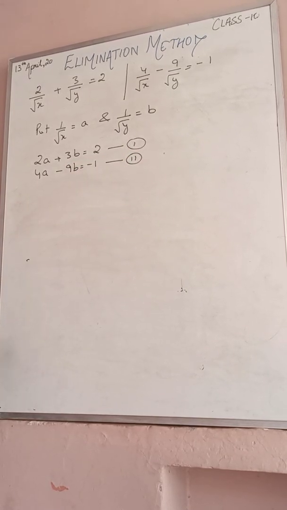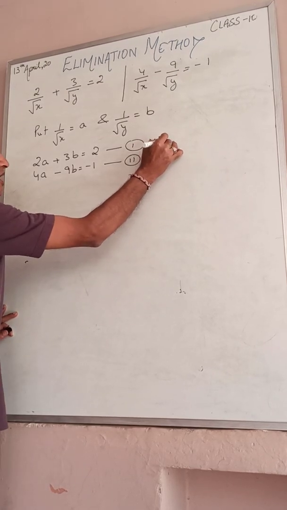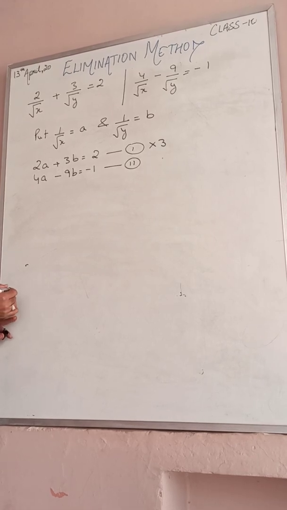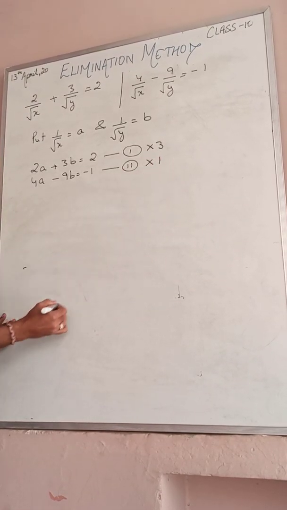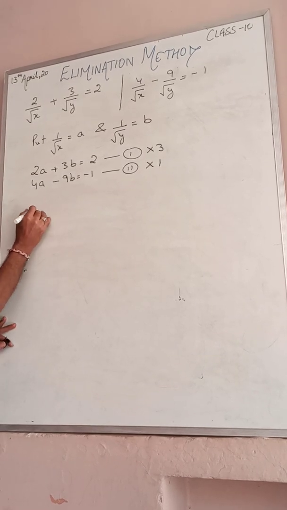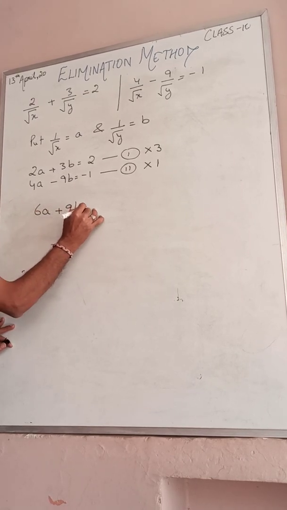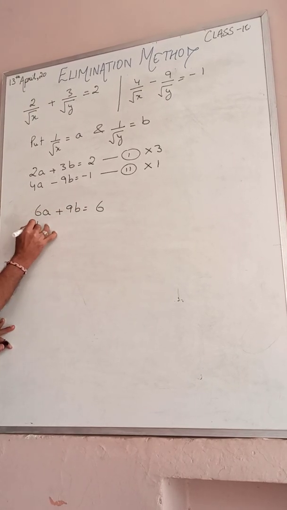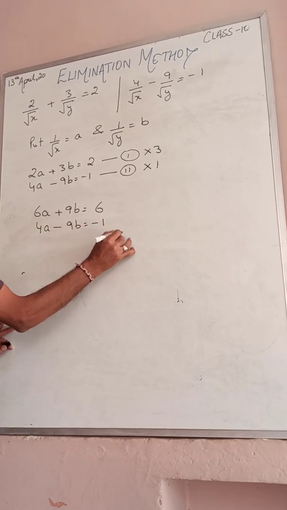Say I decide to eliminate b. I multiply the first equation by 3 because it will change it to 9b, and I multiply the second equation by 1, then 9b remains 9b. The equations therefore become 6a plus 9b equals 6 and 4a minus 9b equals minus 1.